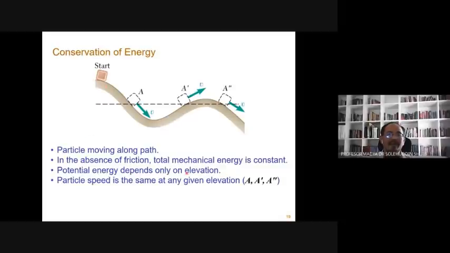Therefore, the total mechanical energy is constant. The only thing here is the potential energy, which depends on the elevation. So we have the dotted line here, say this is the datum. It depends on the elevation from here to here, and the particle speed, as you can see, is the same at any elevation, at A prime and A double prime.